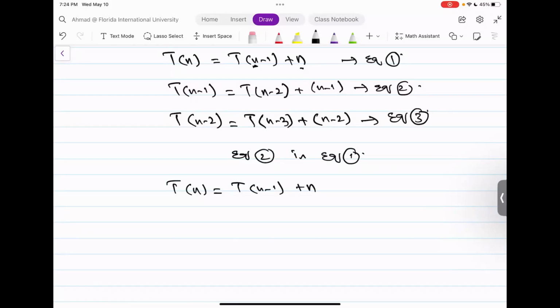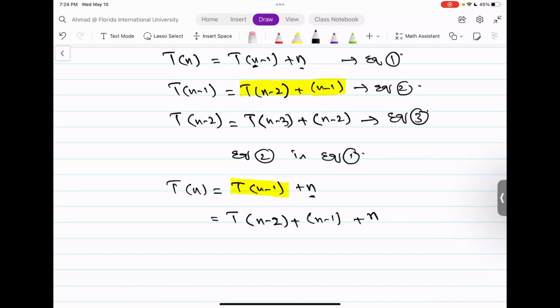Now I know the value of T of n minus 1, which is this whole equation. So T of n is going to be equal to T of n minus 2 plus n minus 1 plus this n, right? So I got this one now.